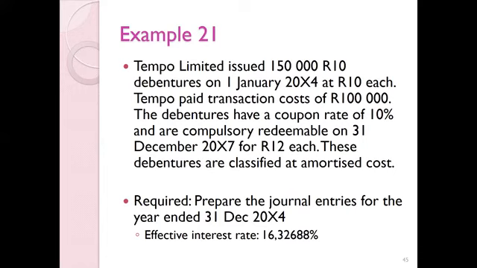The debentures have a coupon rate of 10% and are compulsorily redeemable on 31st of December 20x7 for 12 Rand each. These debentures are classified at amortized cost. You're required to prepare the journal entries for the year ended 31st December 20x4, and we are assuming an effective interest rate of 16.32688%.